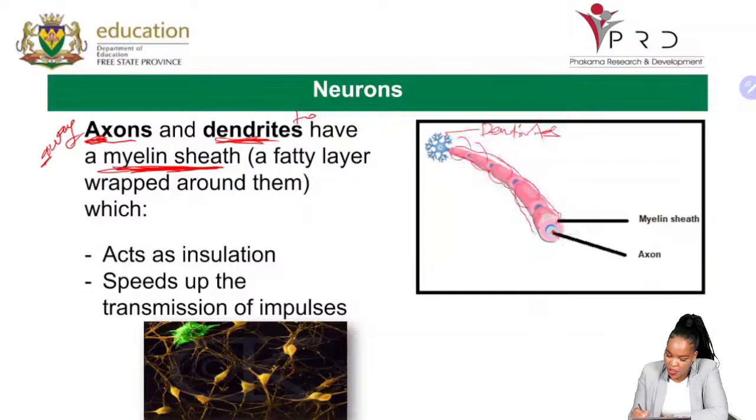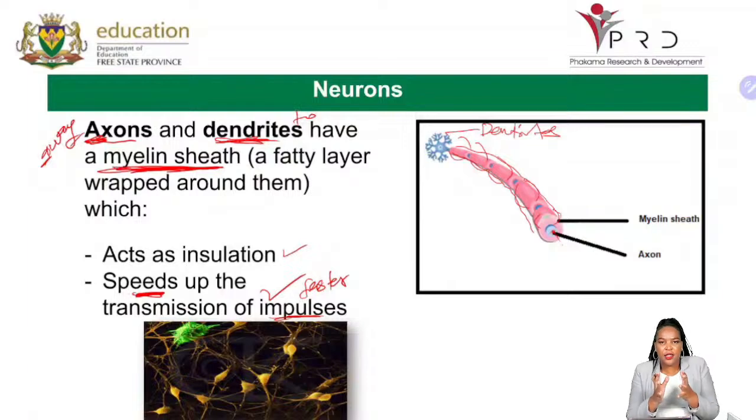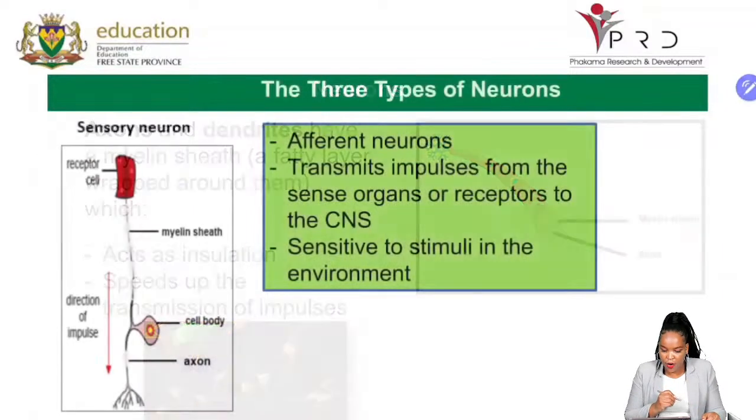Then the myelin sheath, what are the functions of the myelin sheath? It's going to act as insulation, shock absorber. It is also going to help speed up the transmission of impulses. So it makes the impulses move faster. So the myelin sheath helps the impulses to move faster along the axon and the dendrites. So that is the function thereof.